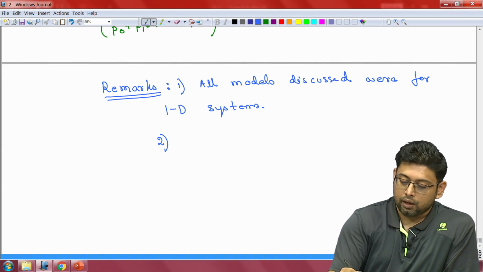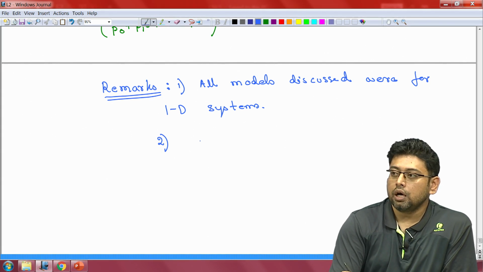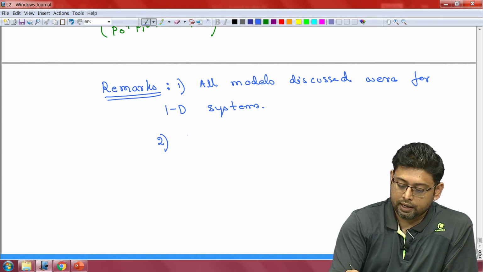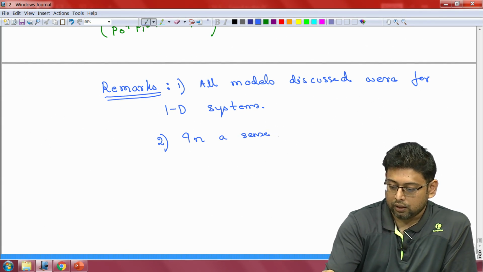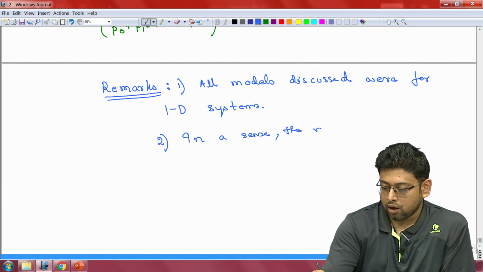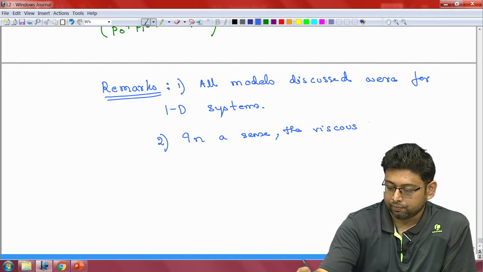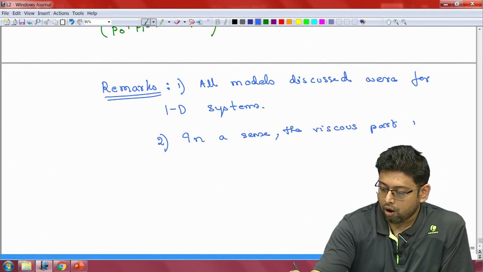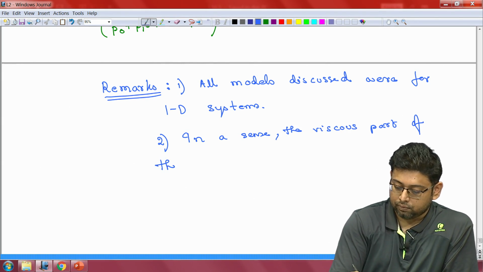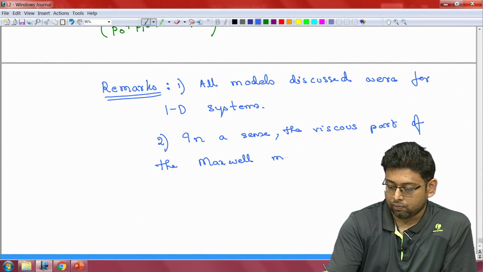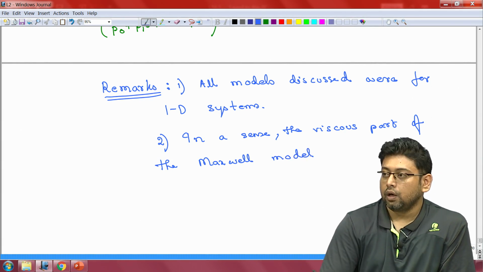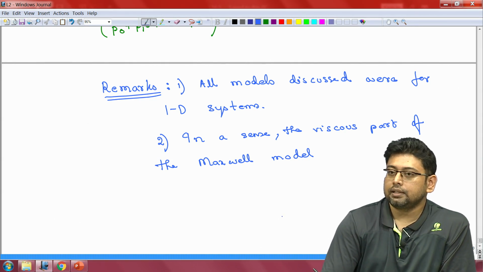Okay. In the Maxwell model, the viscous part is for a Newtonian fluid, in the sense that the viscosity is not shear rate dependent.